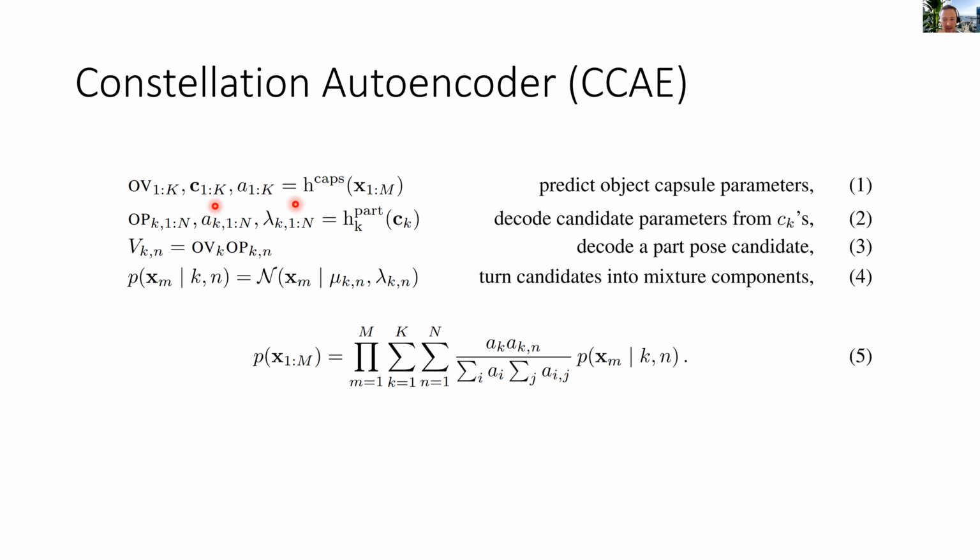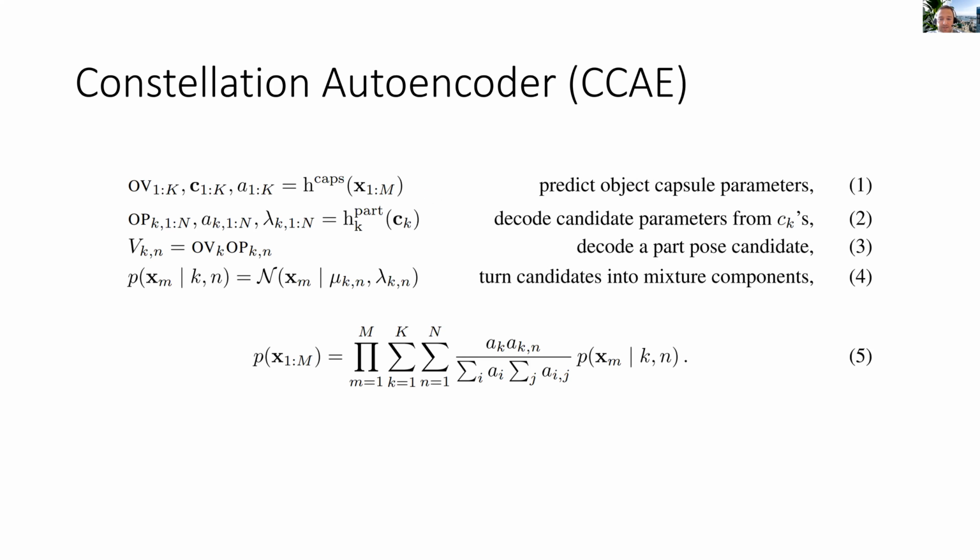An object capsule K consists of a capsule feature vector CK, its presence probability AK between 0 and 1, and a 3x3 object-viewer relationship matrix, which represents the affine transformation between object constellation and the viewer. So that's what this is. Basically, this is kind of like the first layer in the hierarchy of capsules, is my understanding.